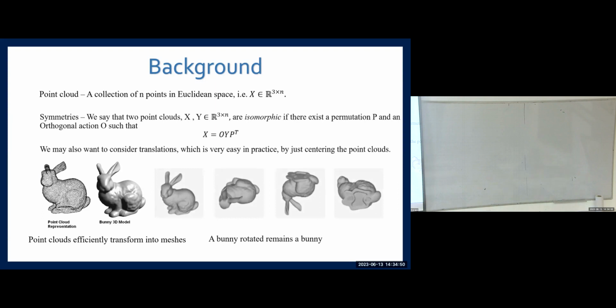Right, and when we work with point clouds, we also want to take into account certain symmetries. So for example, classifying a bunny does not matter if you rotate it or change the order of the points in this point cloud, it's going to remain the same classification. So we want to identify point clouds up to orthogonal actions and permutations, meaning that when we get 2 point clouds, so 2 matrices in R3, we want to say they're isomorphic if there exists a permutation, rotation and reflection that takes one to the other.